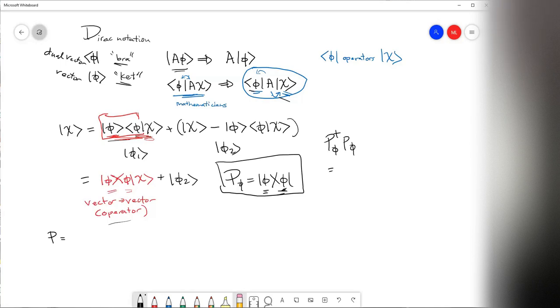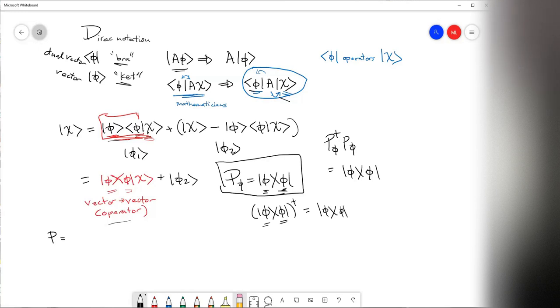It doesn't change anything. So you get phi, and then its Hermitian doesn't change. Basically, if you take this kind of thing daggered, the bras become kets, and you just reverse the two, but it's symmetric, so it doesn't change anything. It just becomes phi again.